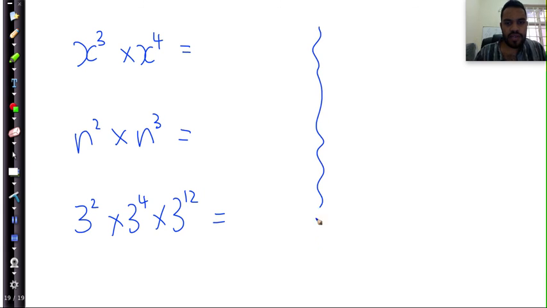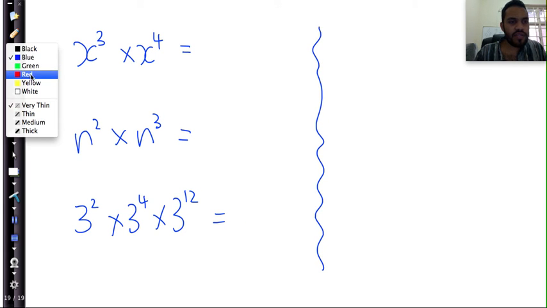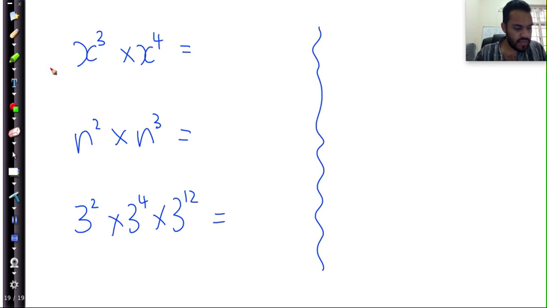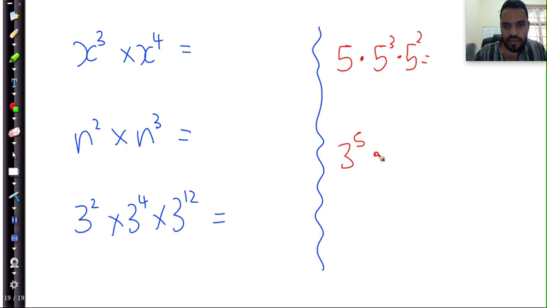I'm going to put some more over here for you to try as well. 5 dot 5 to the 3 dot 5 to the 2. And then one more, 3 to the power of 5 multiplied by 3 to the power of 6. Press pause, work them all out, and then give me the solutions.